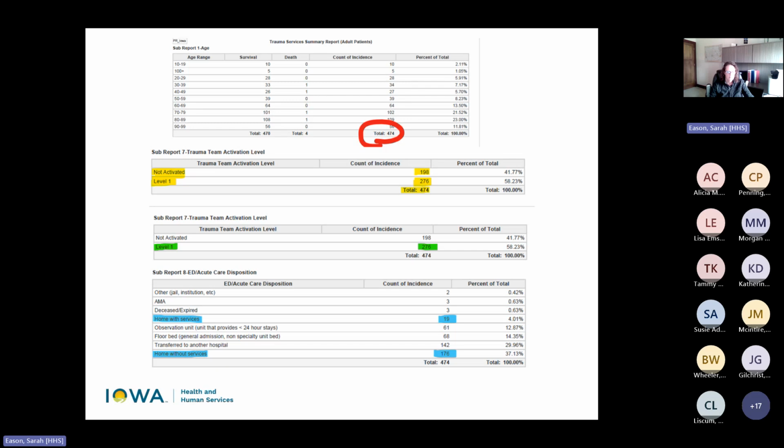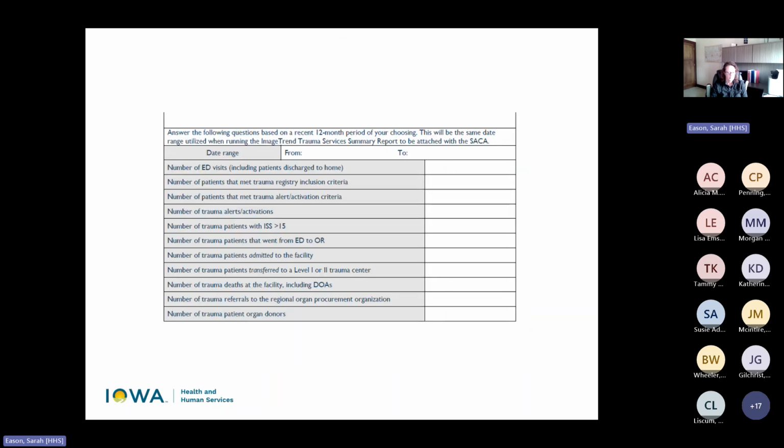The question becomes, did I appropriately put these patients into the registry? Well, how do I know if I've appropriately put the correct patients into the registry? This is assuming that you have followed the inclusion criteria from the data dictionary.